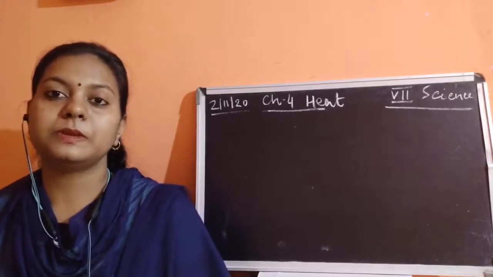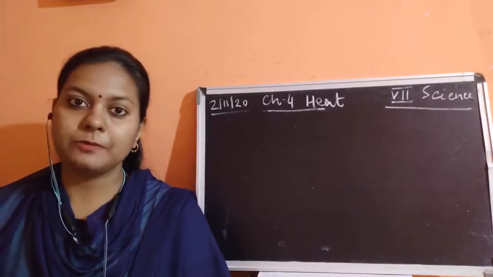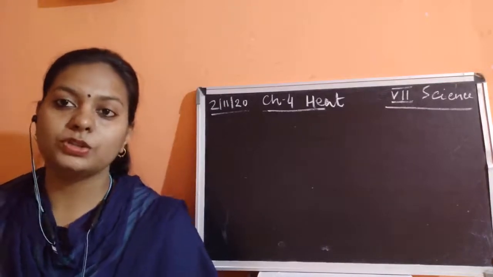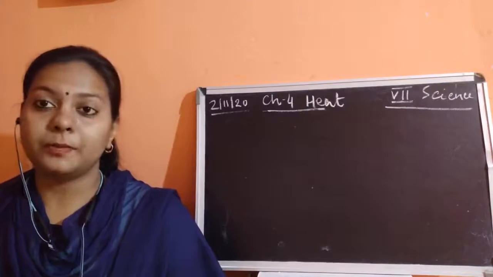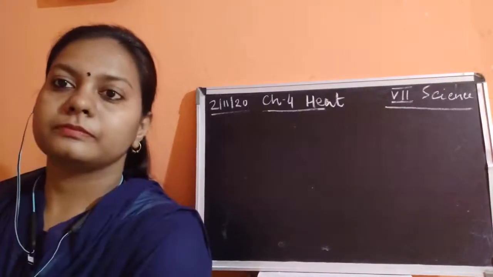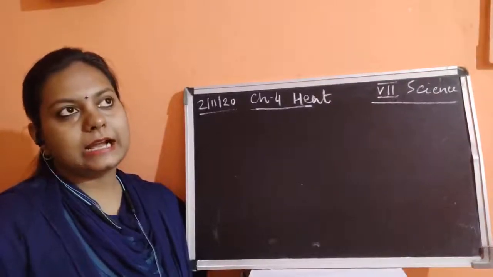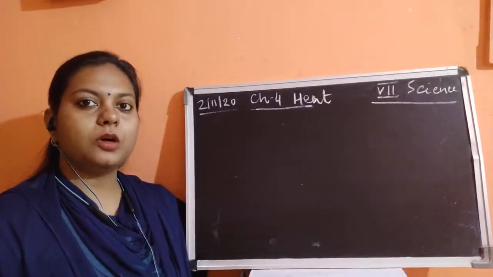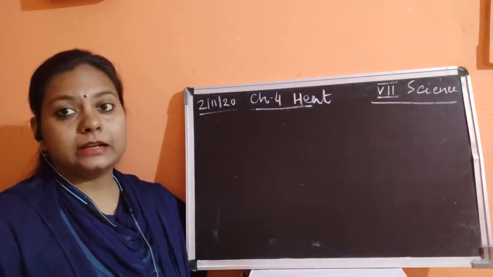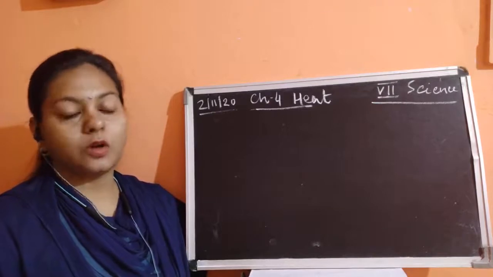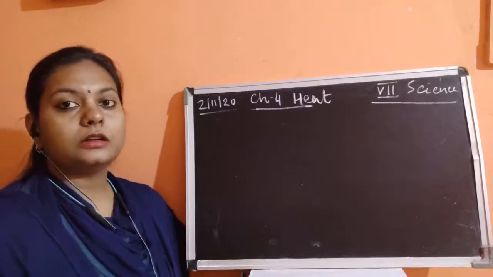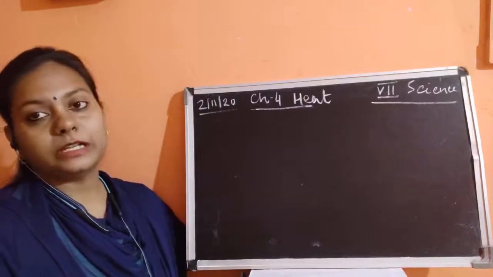Or some other person touching the same object may feel it as cold on their palm. So it could be in contrast. If it appears hot or cold on different persons' palms, then we cannot say that this object is hot or cold. So we require a reliable method for telling whether any object is hot or cold.